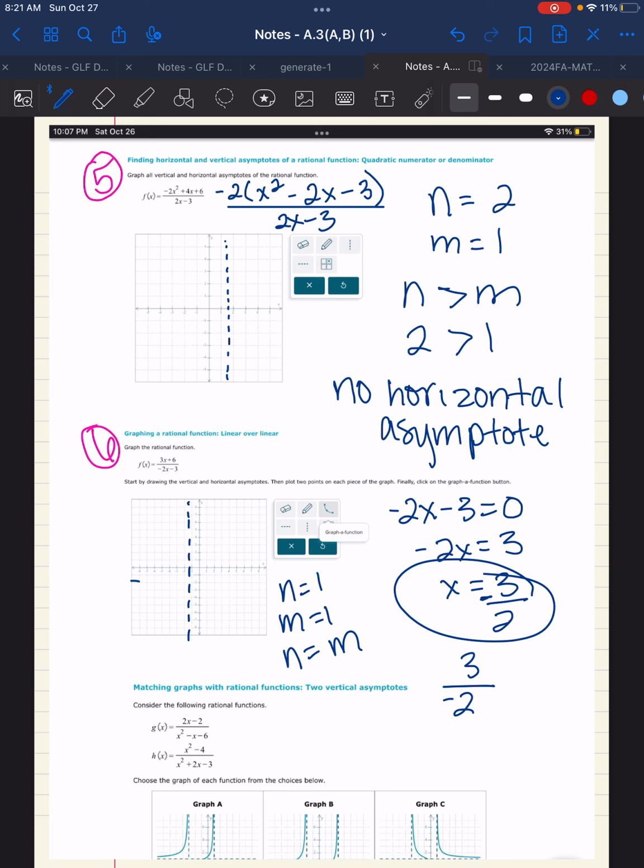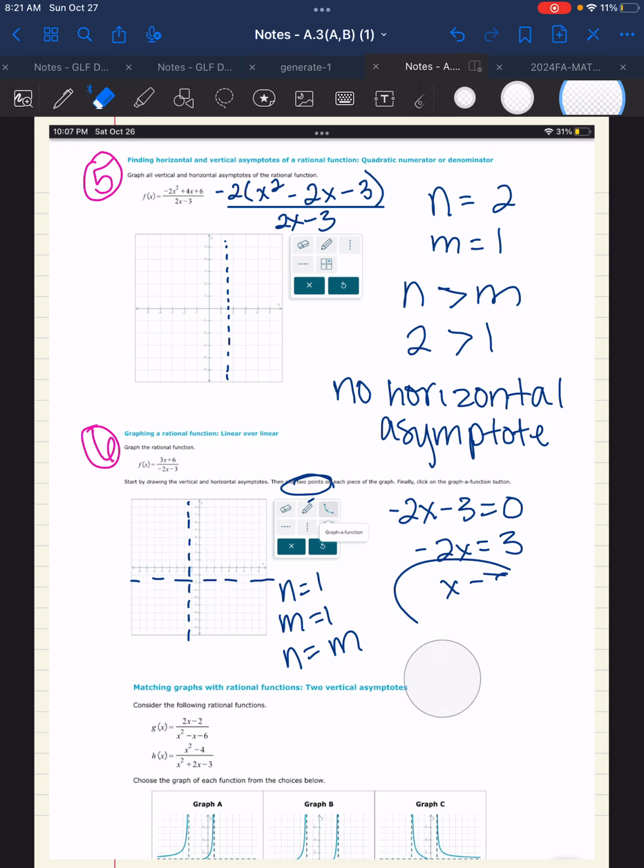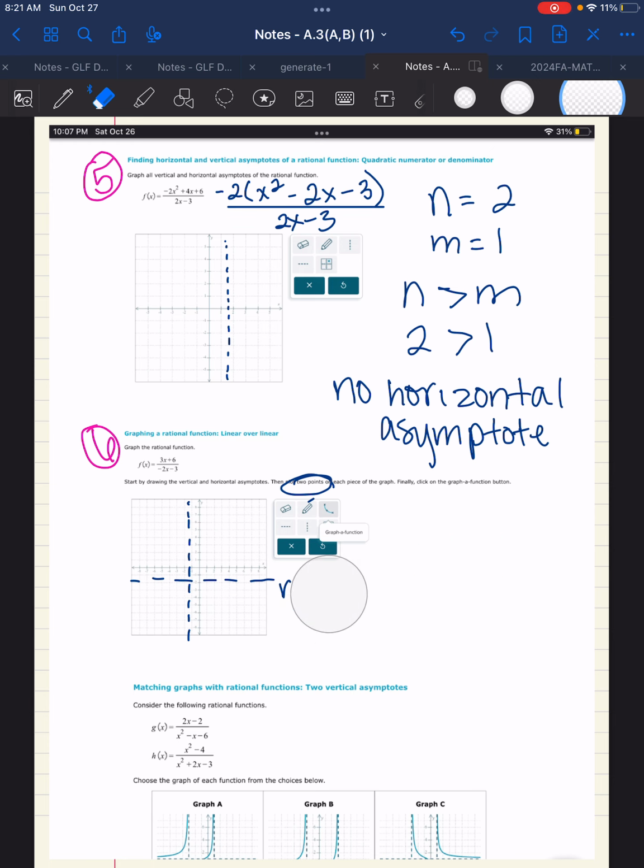So I can graph that right here. But then also the problem asks us to find 2 points. So I'm looking for, I think the easiest 2 points would be the y-intercept and the x-intercept.